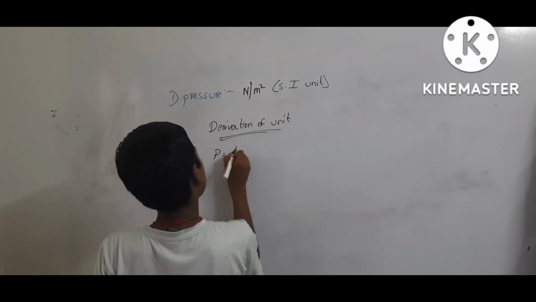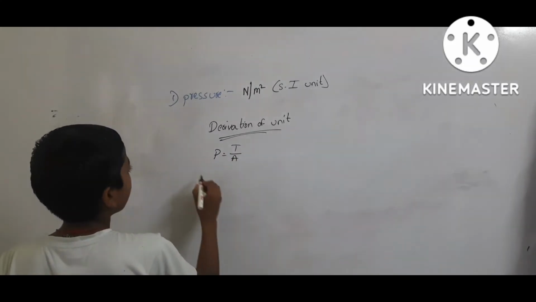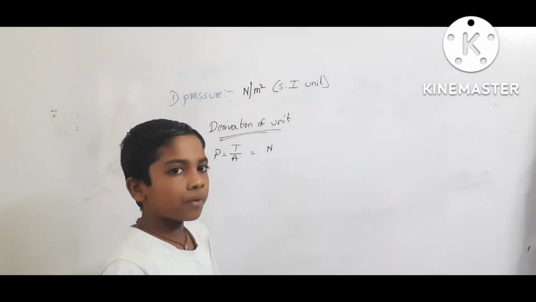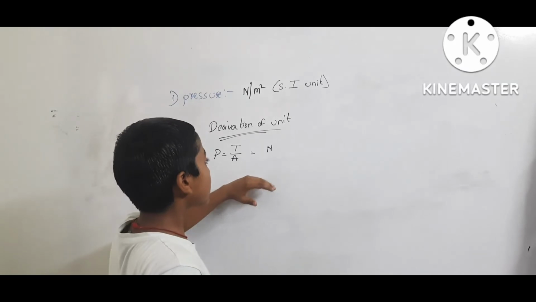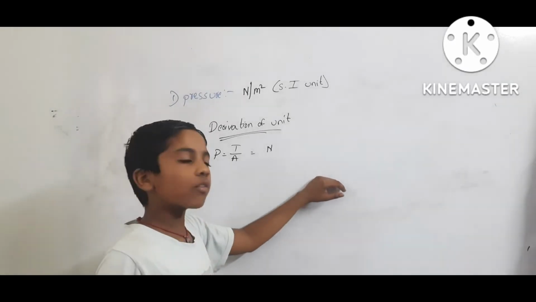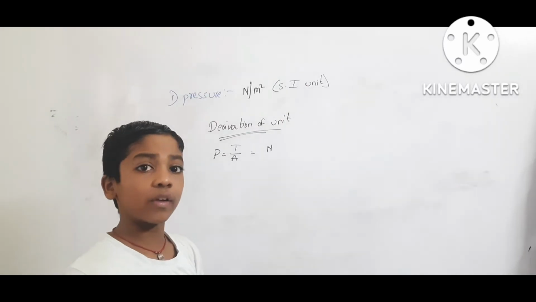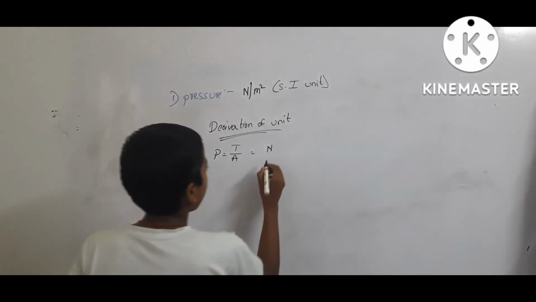Pressure equals thrust by area. Okay friends, here the thrust unit is Newton. Before, we discussed that thrust equals weight equals force, so thrust equals force. What is the unit of force? Newtons. The thrust unit is also Newton, and the weight unit is also Newton.